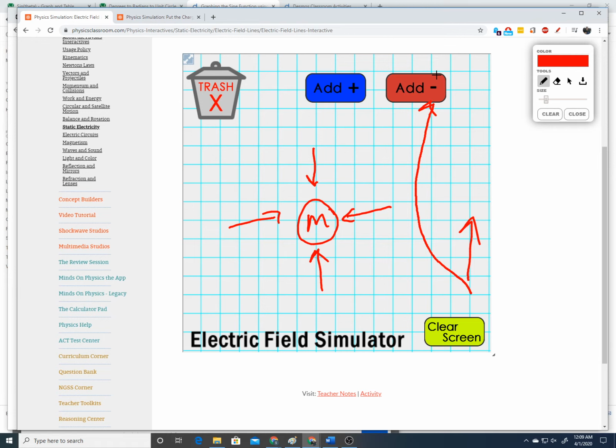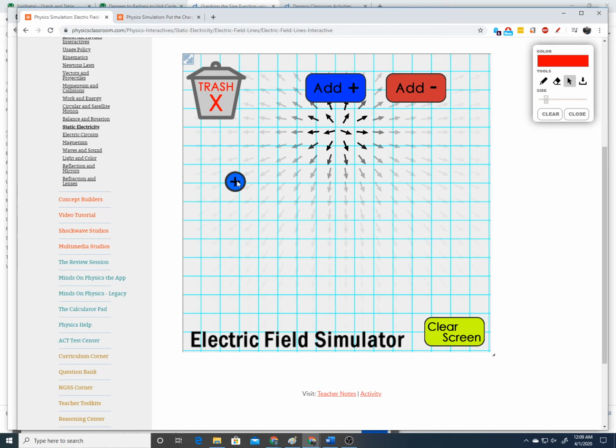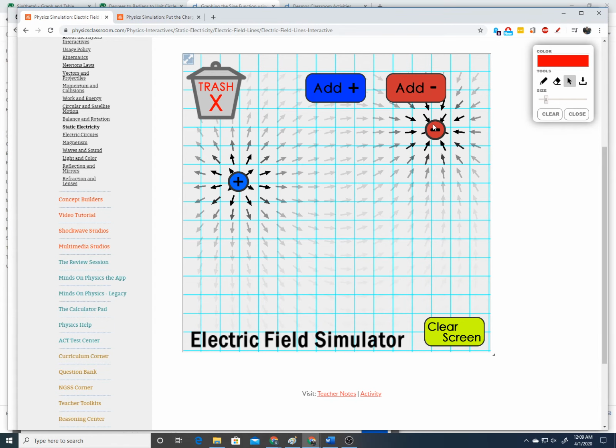But it turns out that the way that masses would pull, say, a comet into its orbit so it doesn't continue in a fully straight path explains what's going on with our charged particles as well. Now, we've talked before, you can have two types of charged particles. You can have a positive charge and you can have a negative charge.